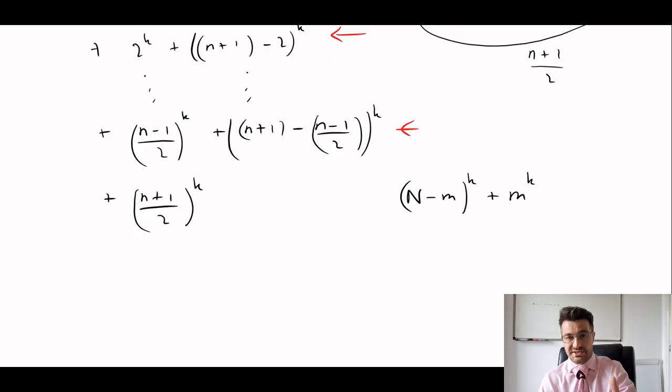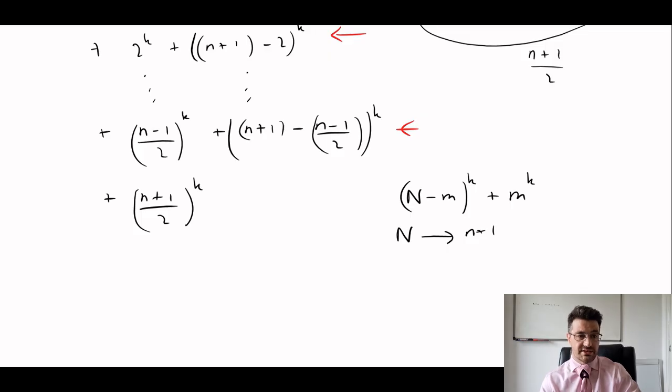But remember, in your exam, your only medium of communication is what you write on your exam script. So each of these that I've highlighted is of the form n minus m to the power of k plus m to the power of k, where again n is n plus 1.